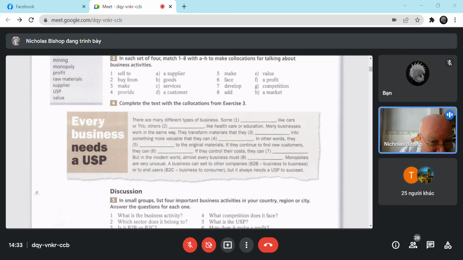So we need somebody else now to tell us about the next sentence. Many businesses work in the same way, and then they transform materials. What can you say here then for 3 and 4?